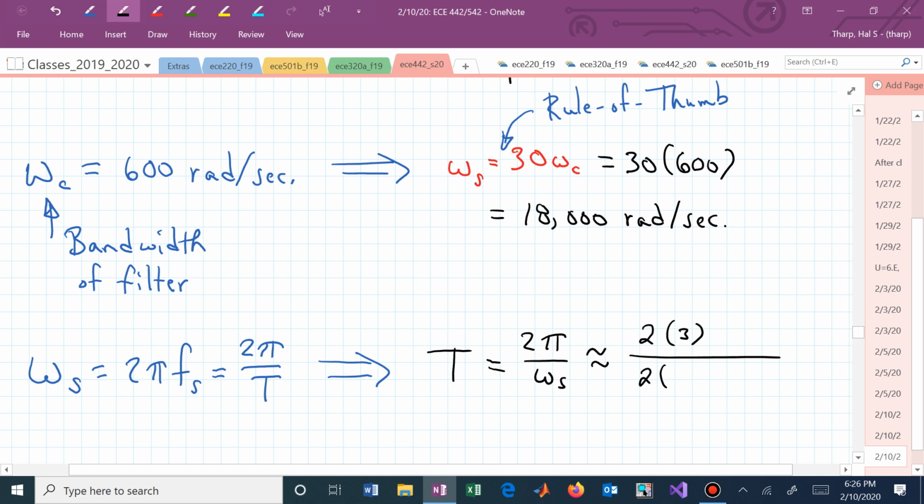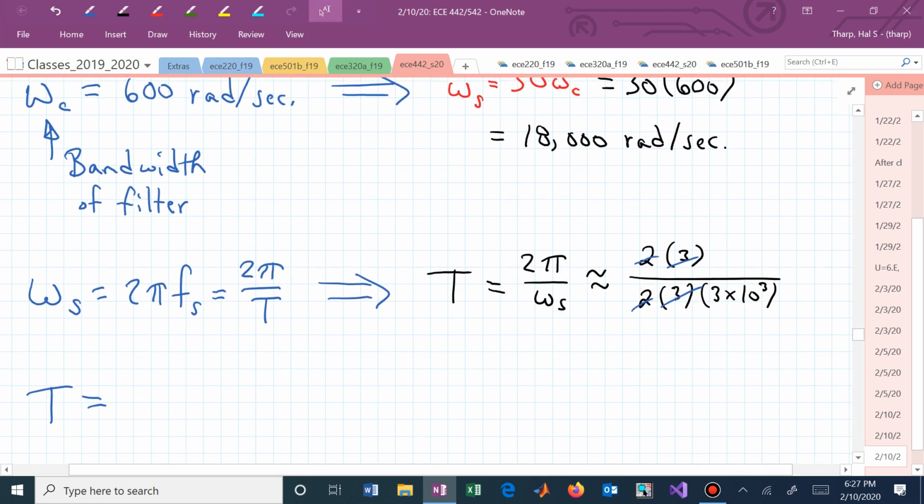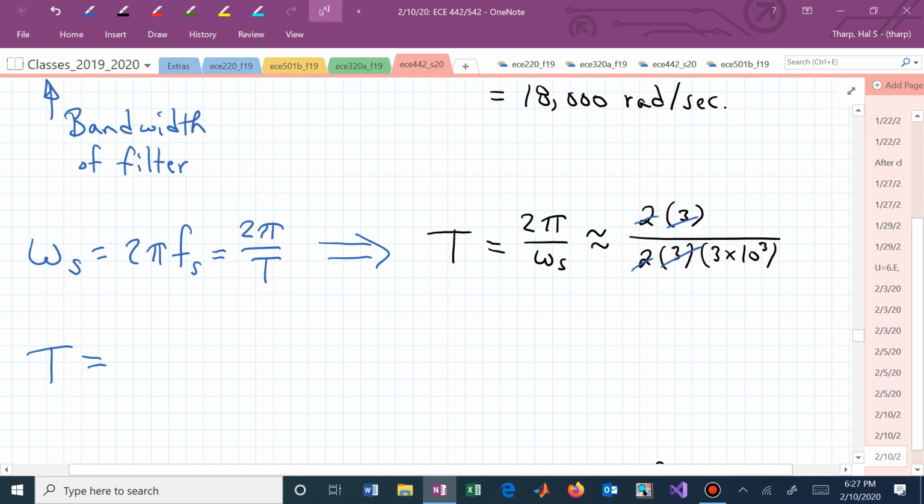So whatever we want to do for there, let's say that's now 6 times another 3,000. I just rewrote 18,000, factored it so that I could start canceling things. Or I now have T equaling 1/3 times 10 to the minus 3.